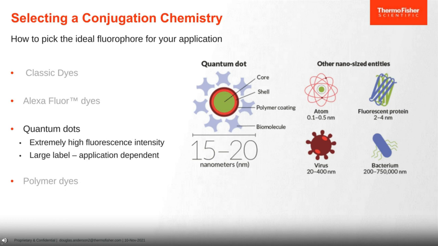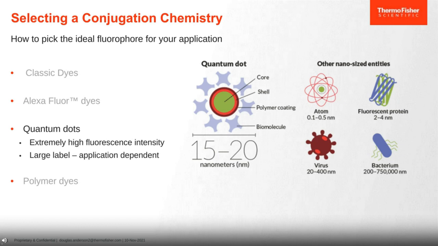Next up, we have our quantum dots. So moving away from small molecule fluorophores, we'll have labels larger than the antibodies themselves. Quantum dots are small nanocrystals. So these are metallic nanocrystals that are extremely fluorescent, very, very, very high signal intensity in your fluorescence output.